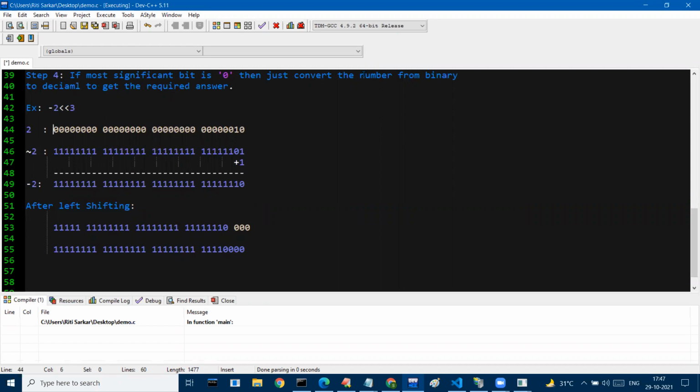Otherwise, that means if the most significant bit is not 0, leaving the most significant bit, we are not going to consider it, because the most significant bit is for the signed representation.